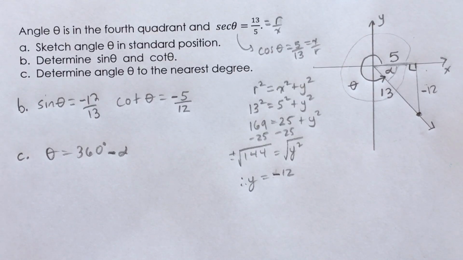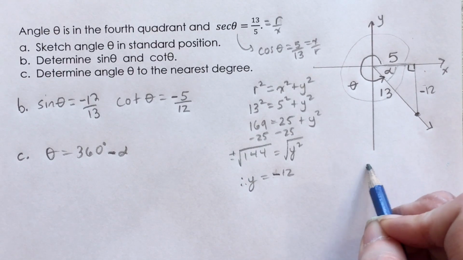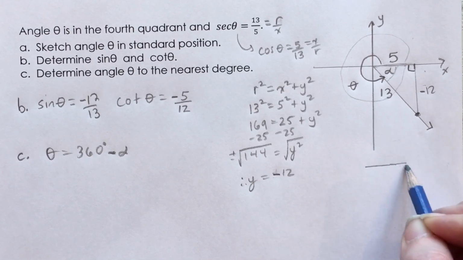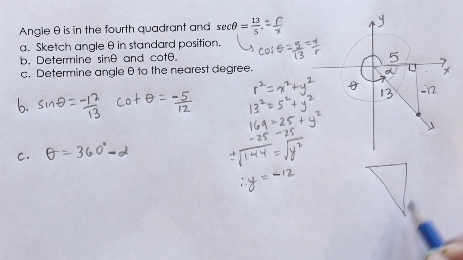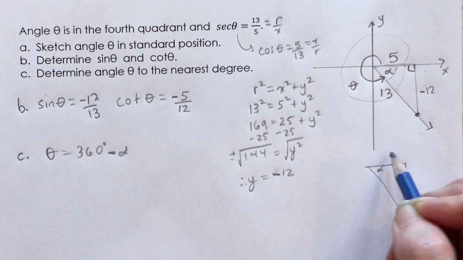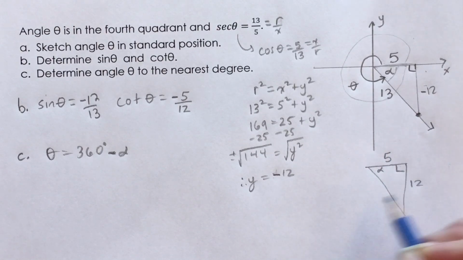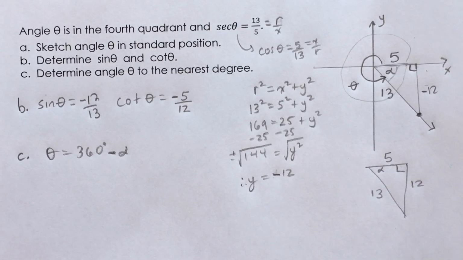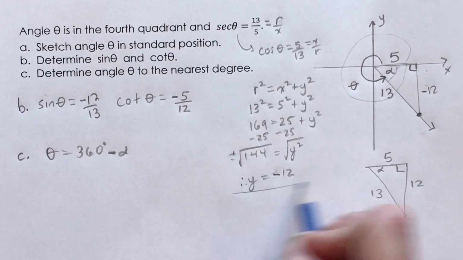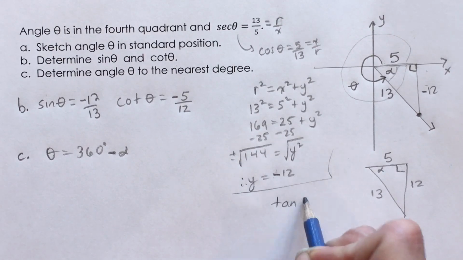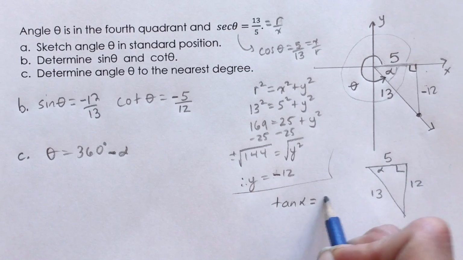So in order to figure that out, we have to figure out angle alpha. So I'm going to draw a grade 10 triangle again, where this is alpha and all my sides are positive. And I can say that the tangent of alpha is 12 over 5.